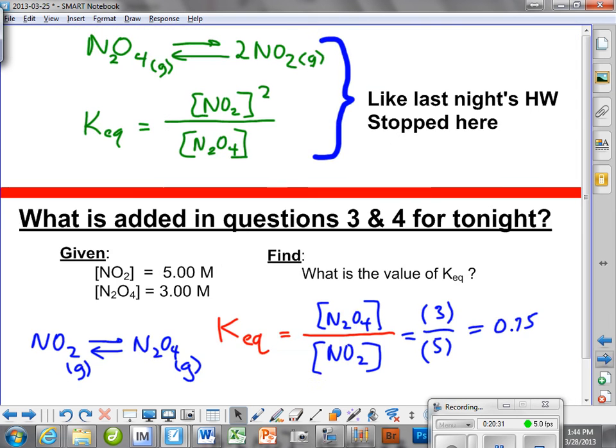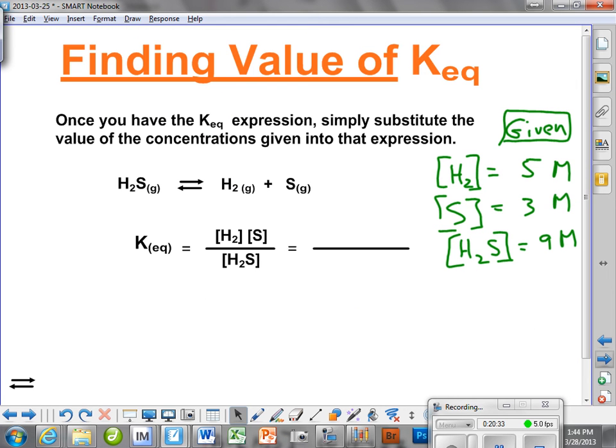Now let's plug this one in. Okay, same deal again. We're going to just plug in the numbers. So the hydrogen is a 5, the sulfur is a 3, and the H2S, there's nothing squared, so that's easy.